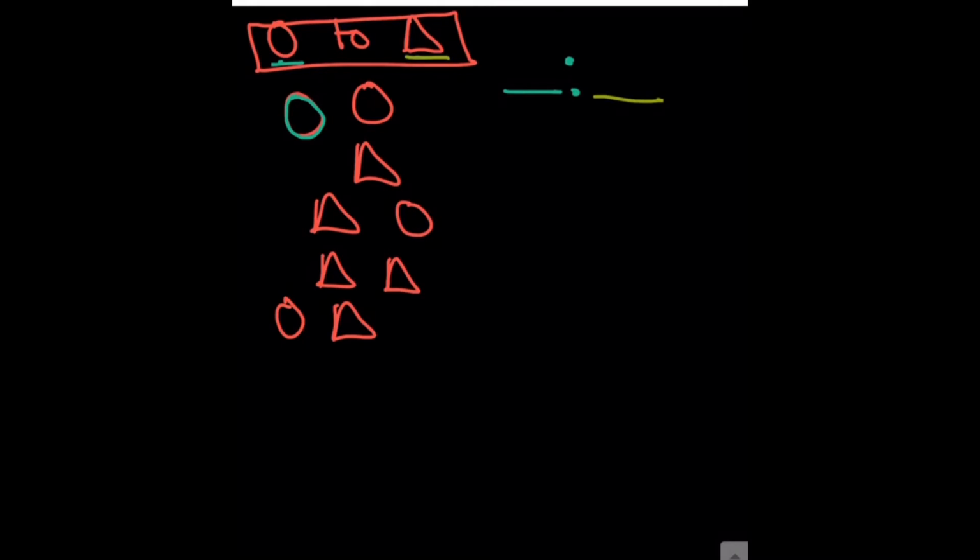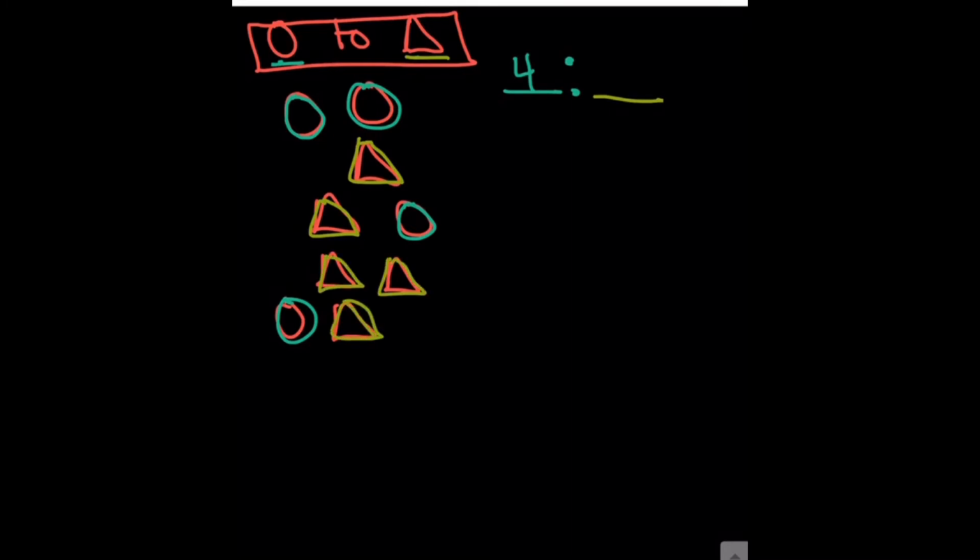So there's 1, 2, 3, 4. Yes, there are 4 circles, so you can right away fill in the 4. And there are 1, 2, 3, 4, 5.